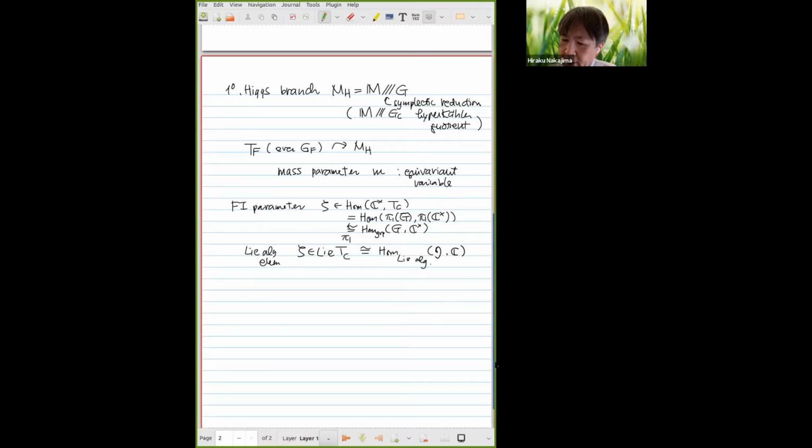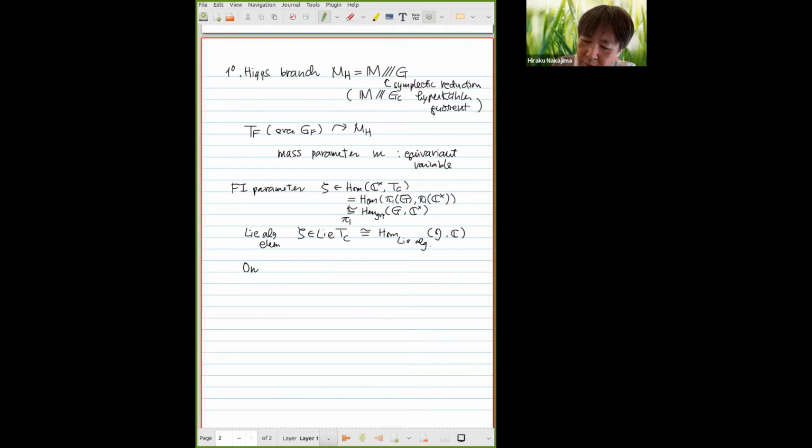So then one can deform the moment map. The moment map is a map from M to the dual of the real algebra, which is central, I mean, contained in this space.